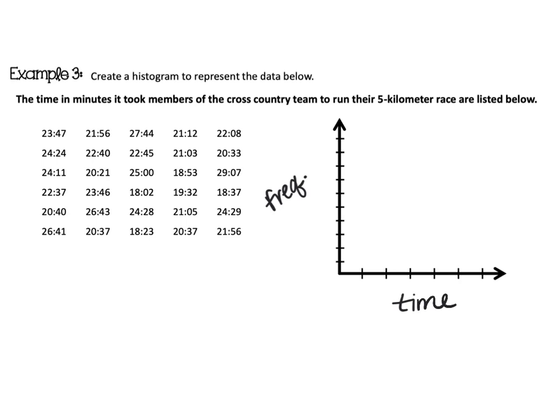The lowest time I have is 18 minutes. The highest time I have is 30 minutes. So I'm going to count by twos. And I know that this won't exactly cover my data points, but it will allow me to group them.